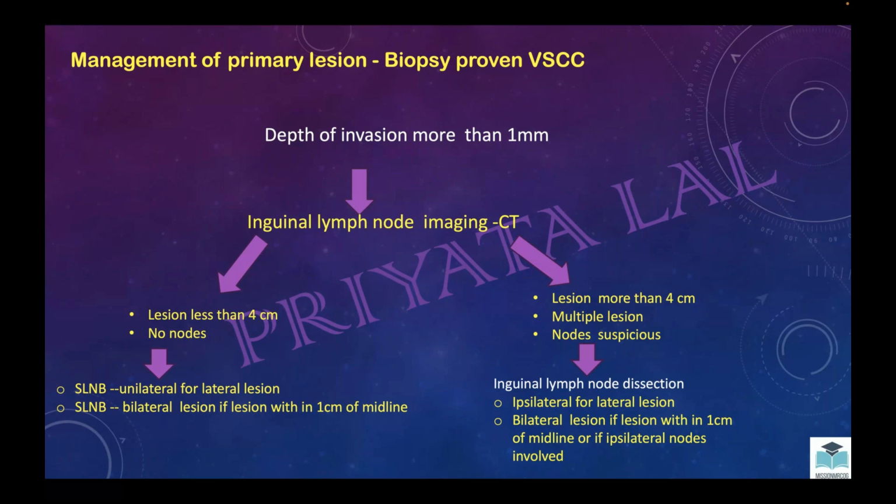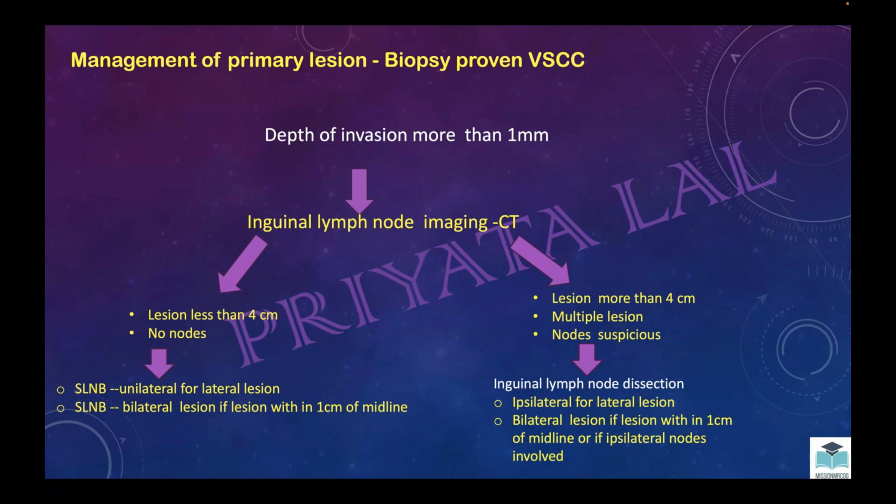For the lymph nodes, if the lesion is lateral, then a unilateral sentinel lymph node biopsy is done. If the lesions are central, then a sentinel lymph node biopsy of both sides has to be done.